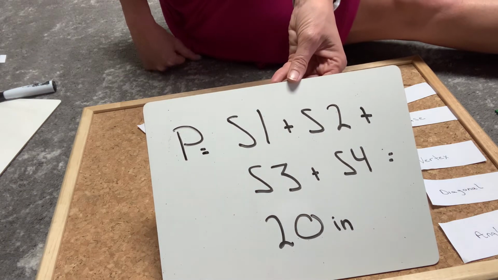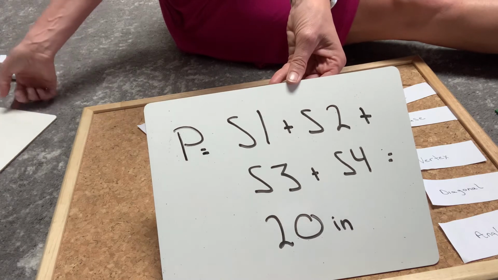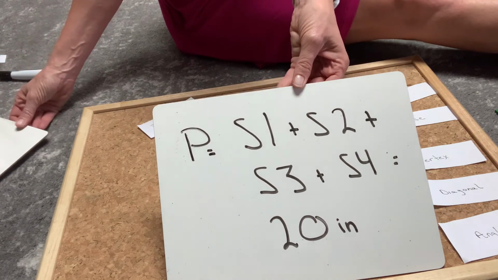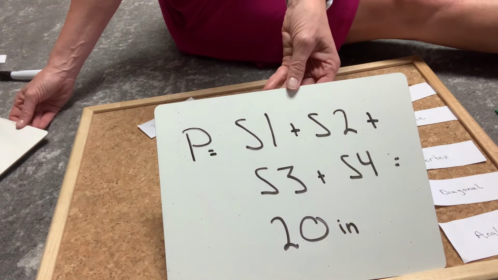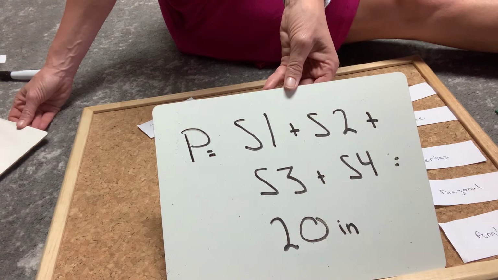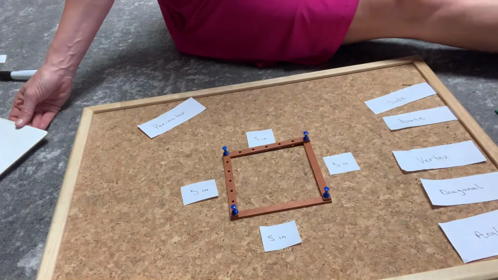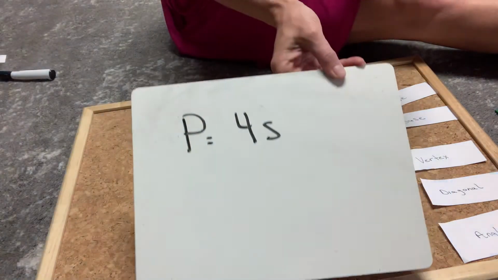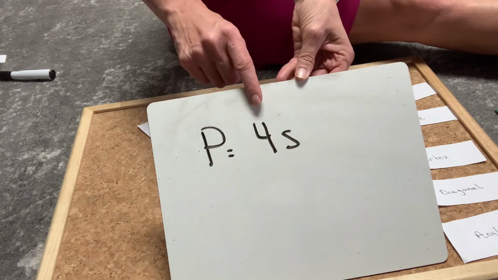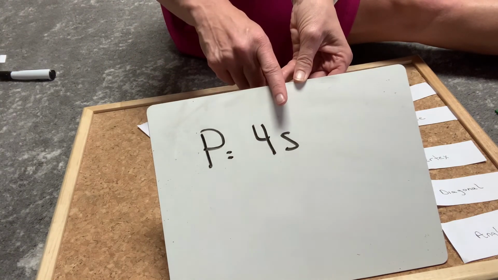Multiplication is the same thing as addition, but it's just a lot faster. So another way of doing this, we could always add our 4 sides together, but you could also multiply. I could say my perimeter is equal to 4 times the sides.